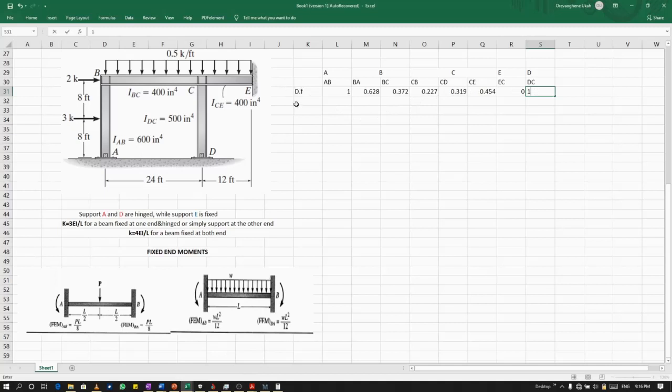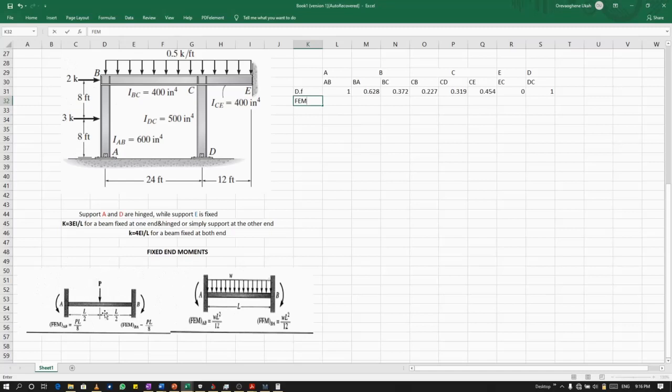So the next thing we'll get is our fixed end moments, which we can shorten to FEM. I got the fixed end moments for this particular situation.